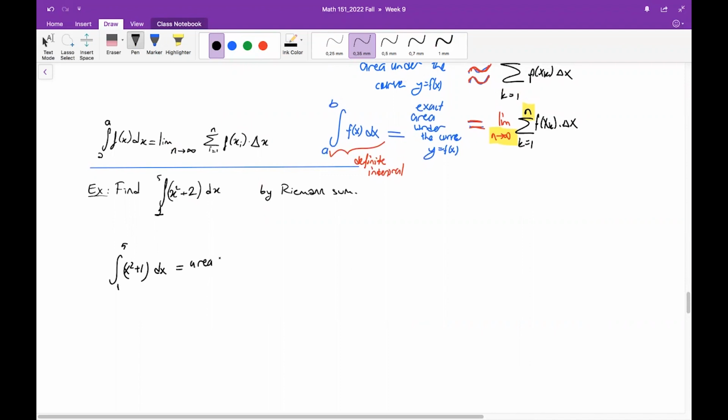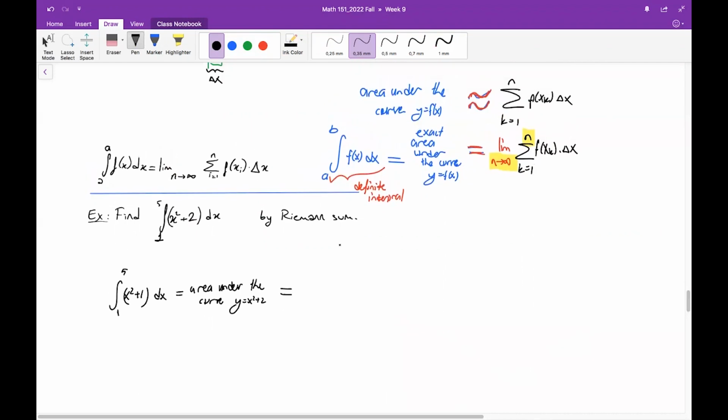This is the area under the curve y equals x squared plus 2, and it can be expressed as the limit of the Riemann sum. What is the Riemann sum? A Riemann sum is a sum of this form, where f of xk is the height and delta x is the base.